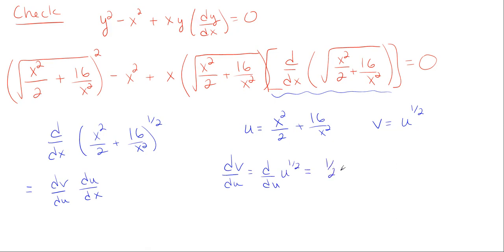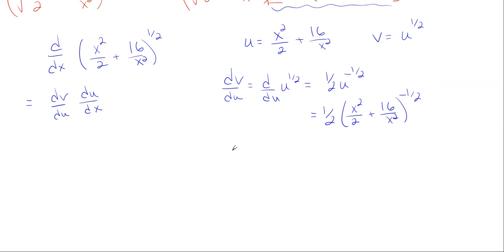It would just be 1/2 u to the minus 1/2. And then let's plug in what u is. So we would have 1/2 times x squared over 2 plus 16 over x squared, to the minus 1/2 power, and we'll just leave that as it is right now.